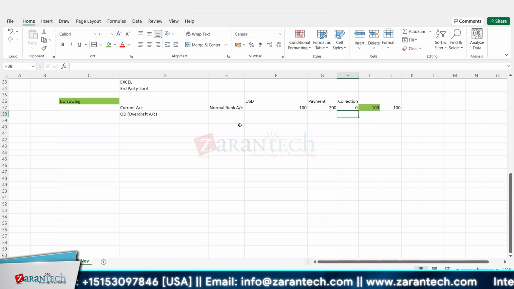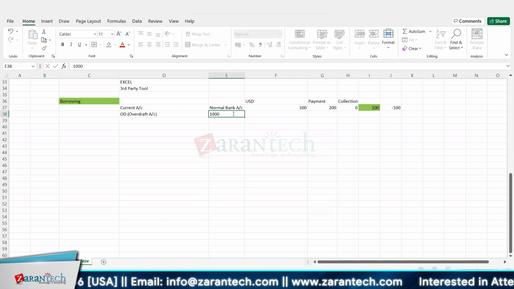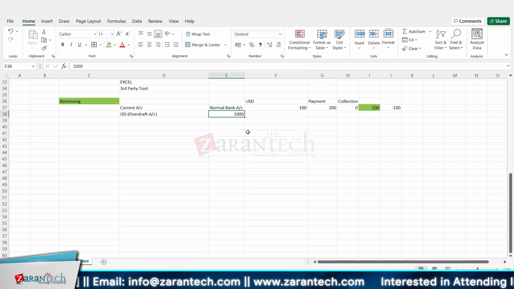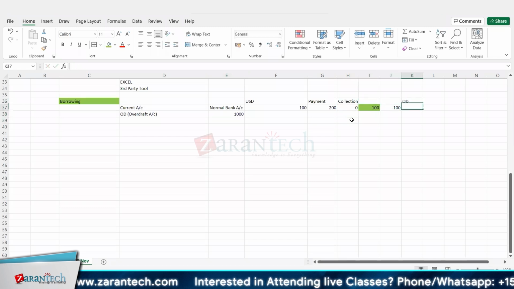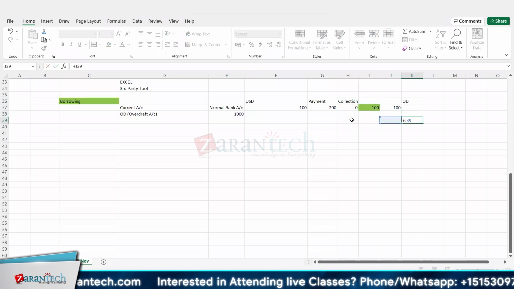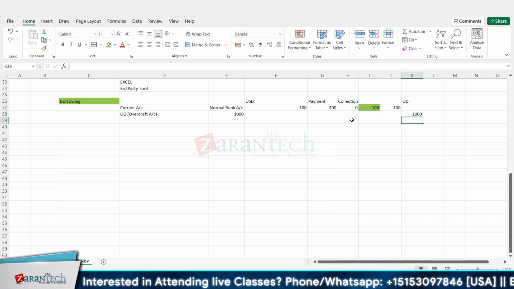Here the bank may tell you, I'm giving you a 1000 USD OD facility. It means whether the collection happens or not, I have the OD facility, and at any given point of time I would be able to use this 1000.